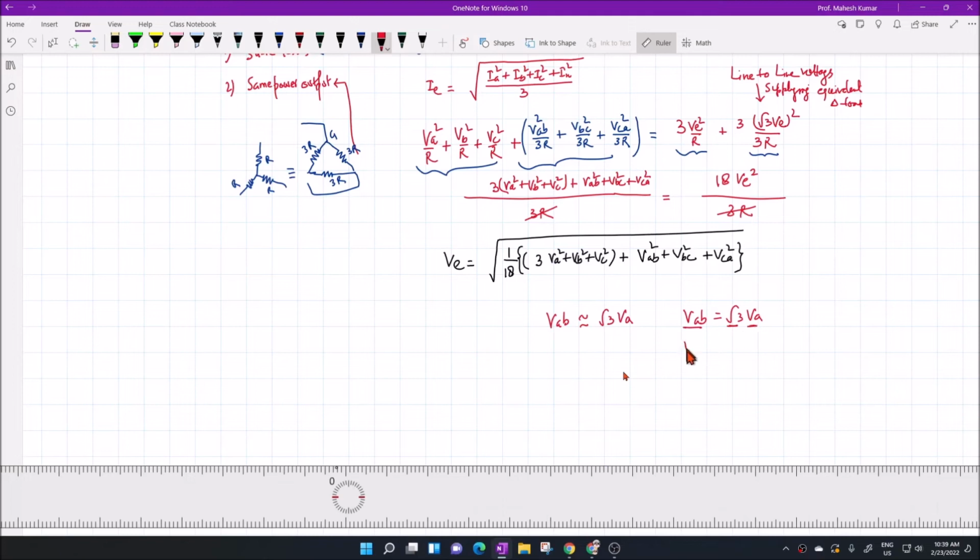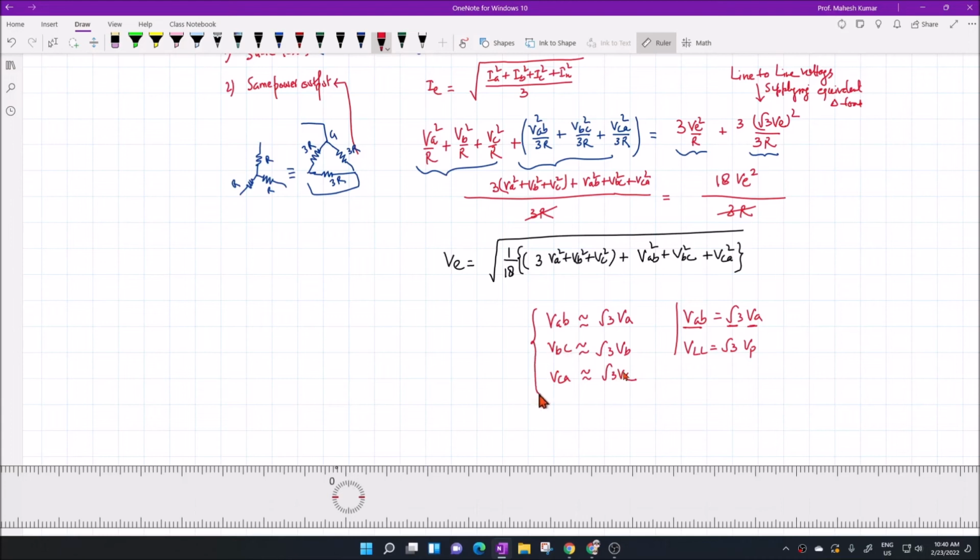I think you remember this. You call it V line to line equals to root 3 times of V phase. Same thing is here. But in case of unbalance, you cannot say this is true. So the VAB is approximately equal to root 3 VA. Similarly, VBC is approximately equal to root 3 VB, and VCA is approximately equal to root 3 VC.